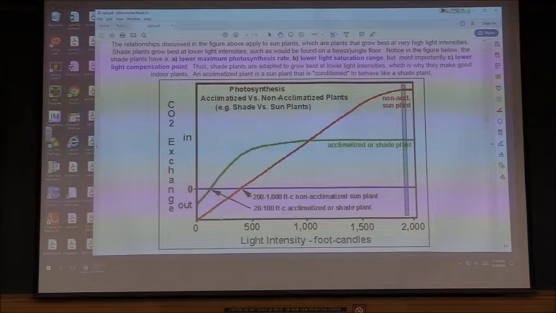Put a line down here at low light intensity, below the light compensation point. You intersect the red line first, very low, and the green line second, much higher. In the shade, a sun plant will die. In the shade, a shade plant will outgrow a sun plant. In the sun, the reverse is true. The shade plant can't make it and will be outgrown by the sun plant.